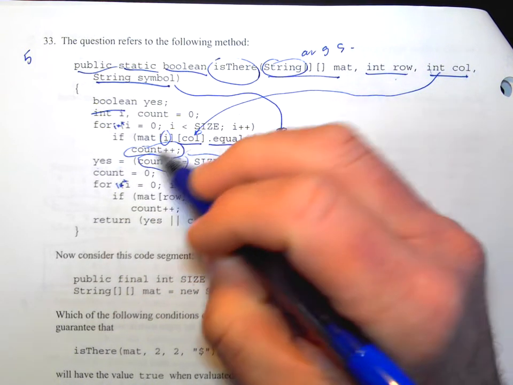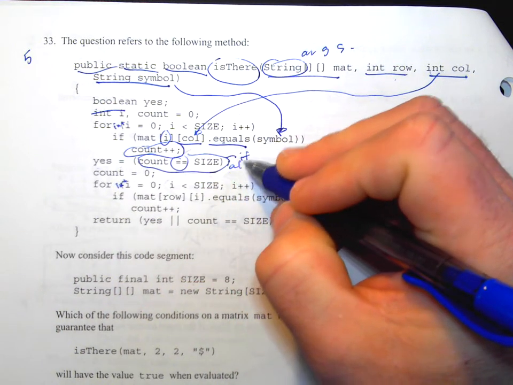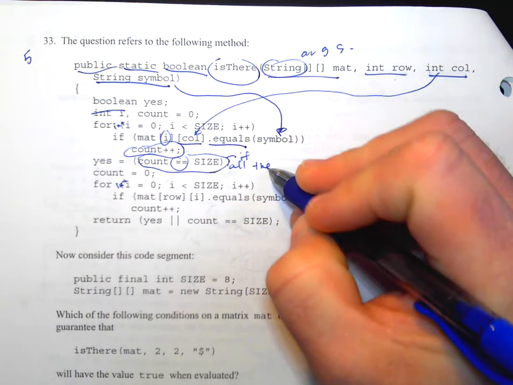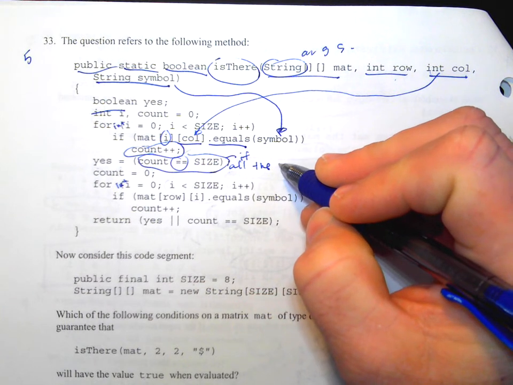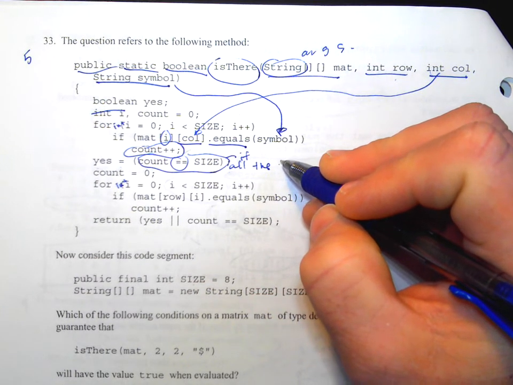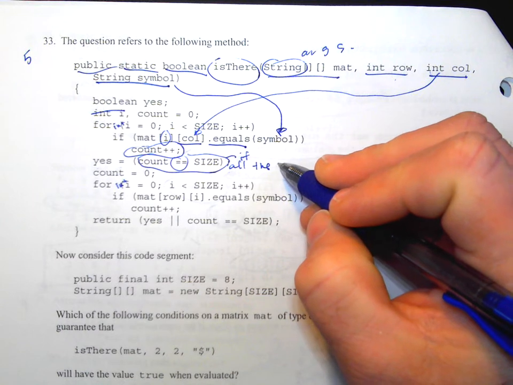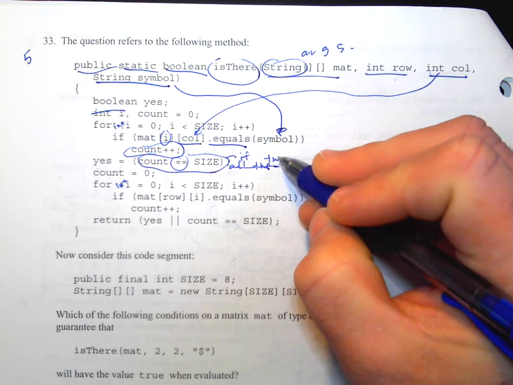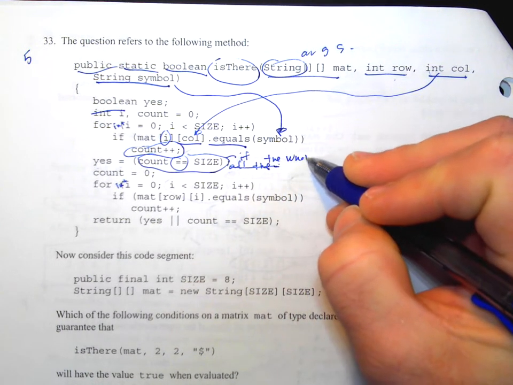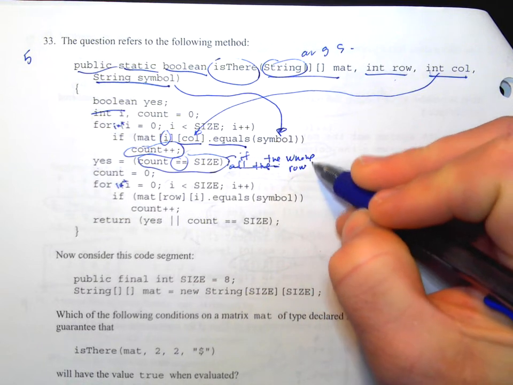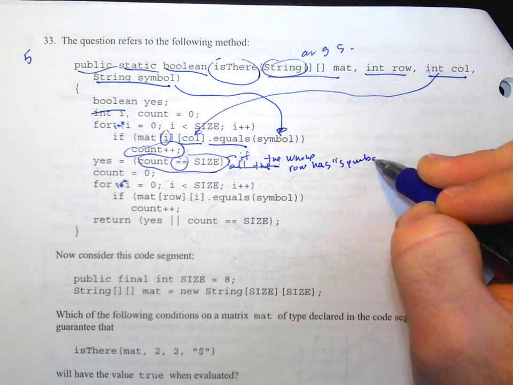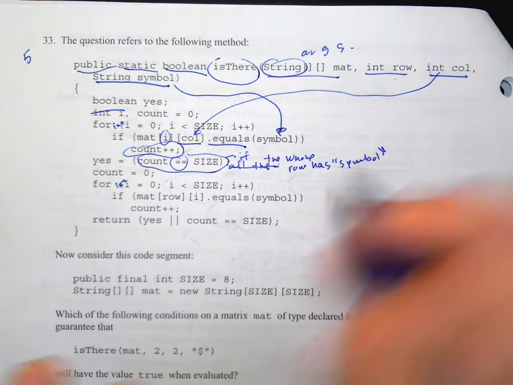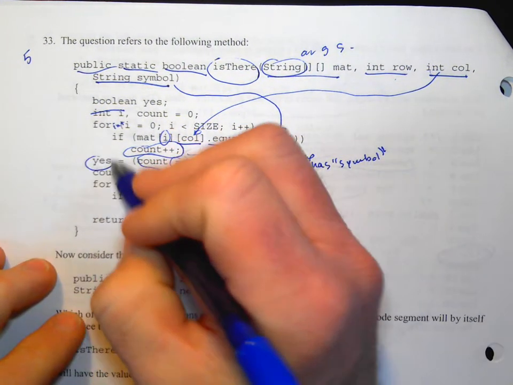So if count equals size, that means all the, what are we going to call them, the whole row has whatever symbol was. Okay, so the whole row got filled up, and then yes will get turned to true.